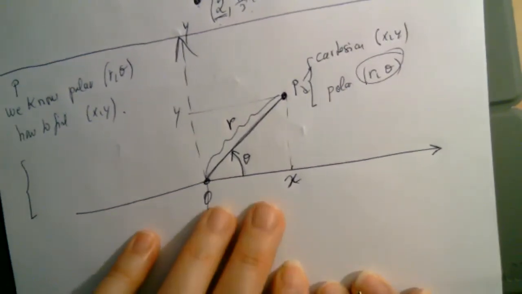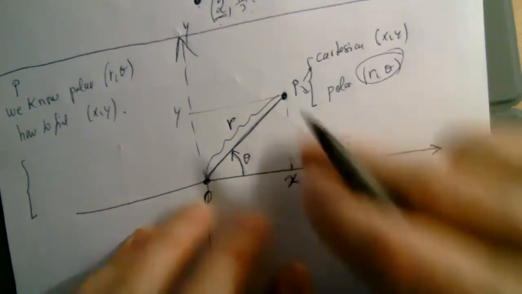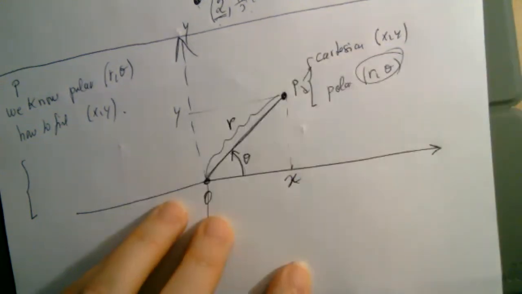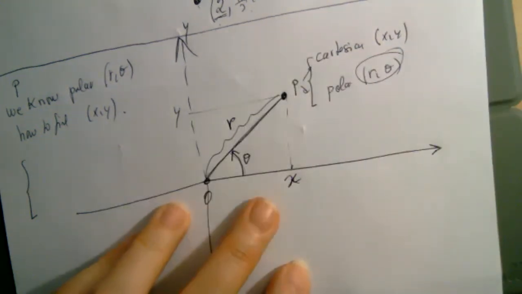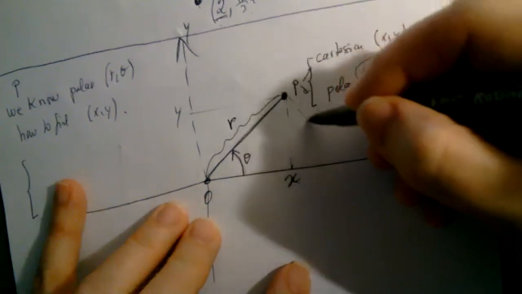Do you think this is easy or hard? Easy. I'm pretty sure x and r are essentially the same thing. What? In terms of distance on the x-axis. Absolutely not. If r was 2, the x value would be 2. No. This is r.